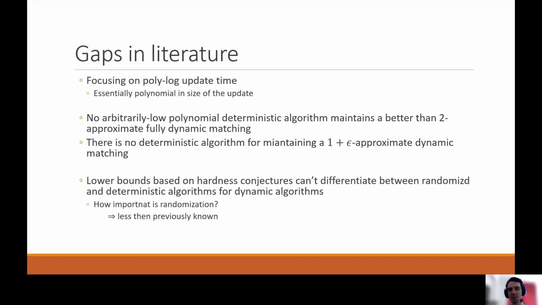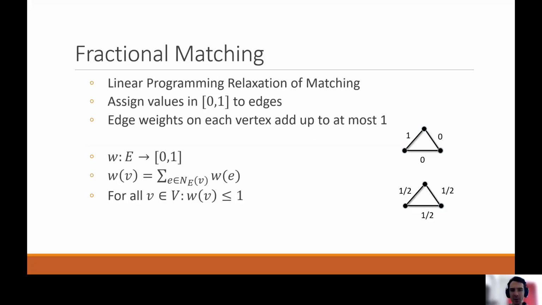Okay, so let's get more precise about the problem setting now. We will be talking about fractional matchings for the most part. A fractional matching is just a linear programming relaxation of a matching, where instead of assigning values 1 or 0 to the edges, we will be assigning values between 0 and 1.